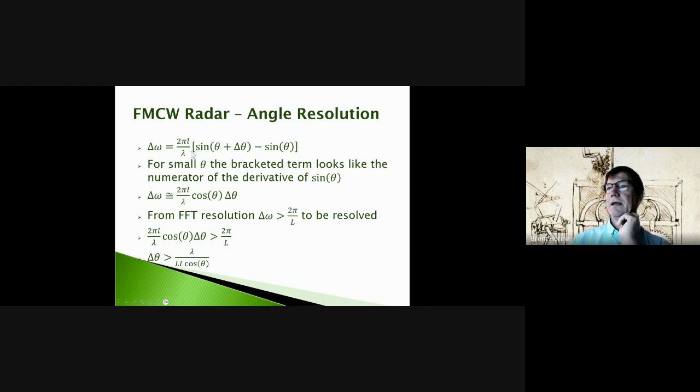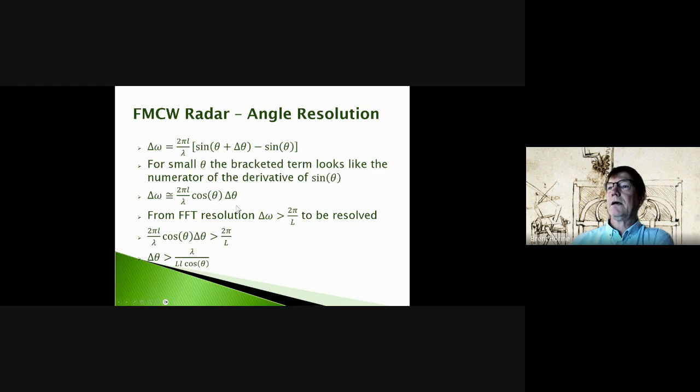Looking at this, it's an awful lot like the numerator of the derivative of sine theta. We need a denominator carried along, which would be this delta theta. In the limit as delta theta goes to 0, that is the definition of the derivative with respect to theta.